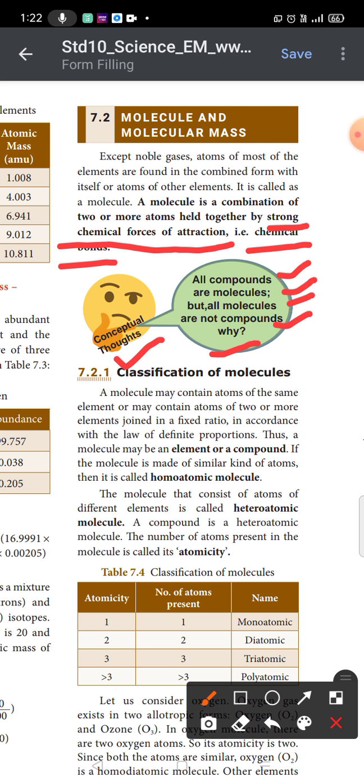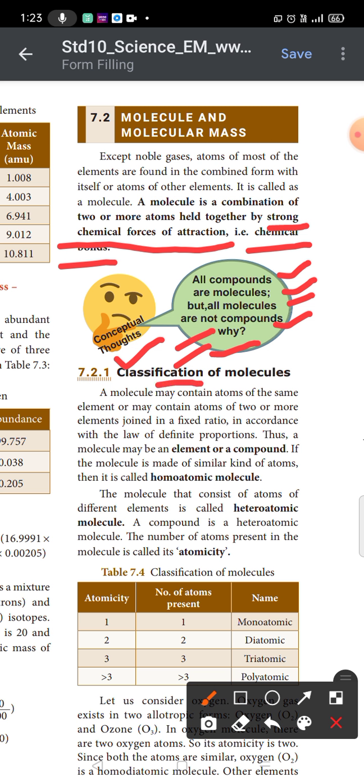But in the case of molecule, all molecules are not compounds because molecules are classified into two. One is similar kind of atoms, the other one is different kind of atoms. So, all molecules are not compounds, but all compounds are molecules.